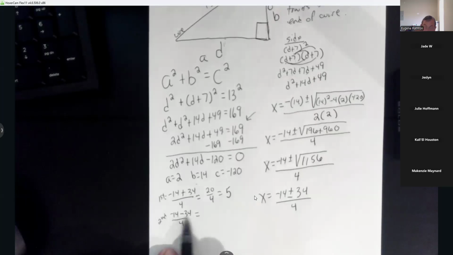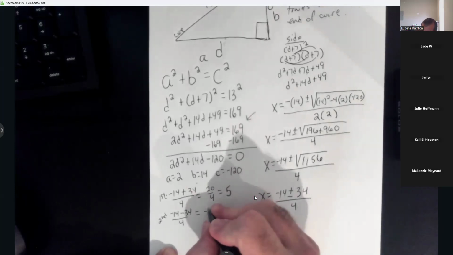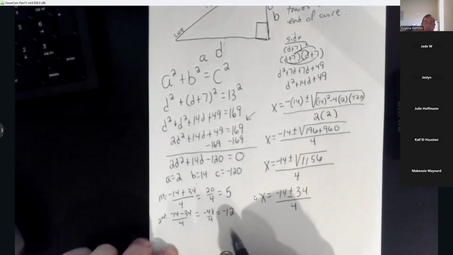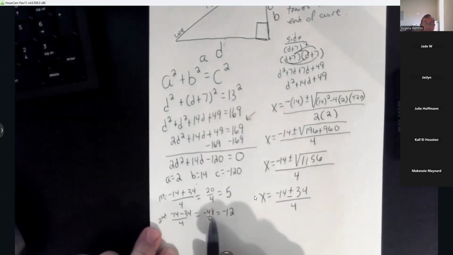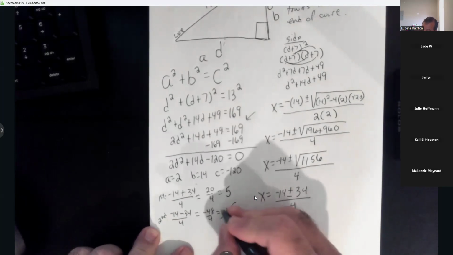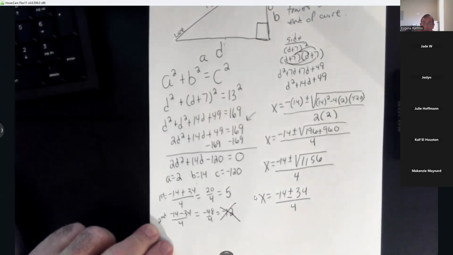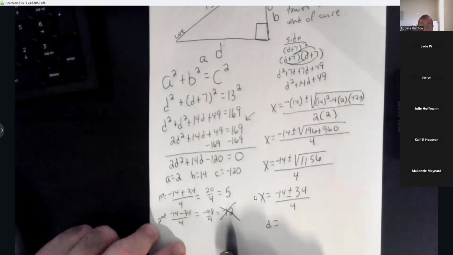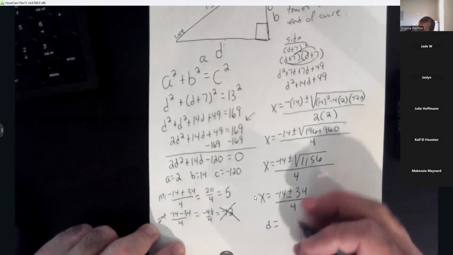So this one would give me a negative 48 over 4, which is a negative 12. Remember, distance has to be positive, so you got to throw away your negative answer. So that means this side D has to be 5.